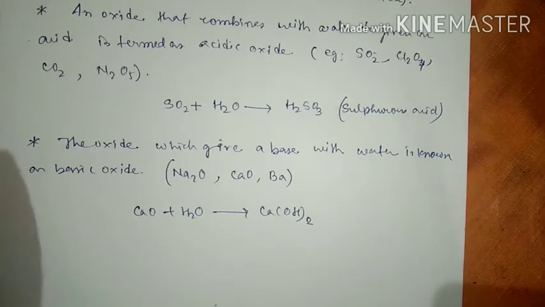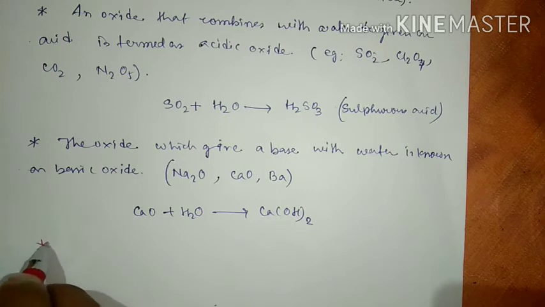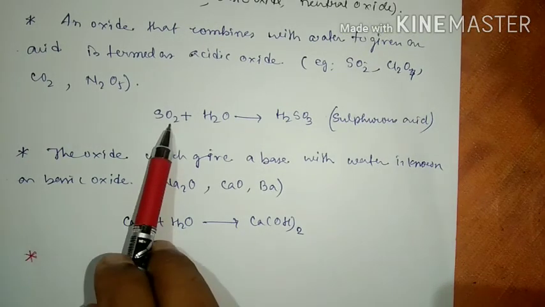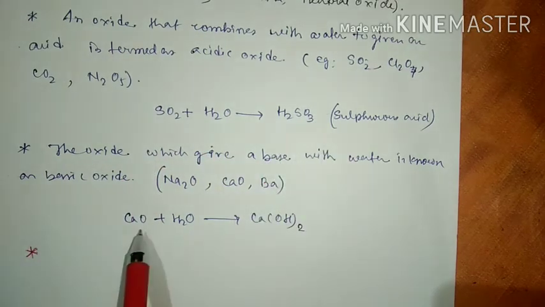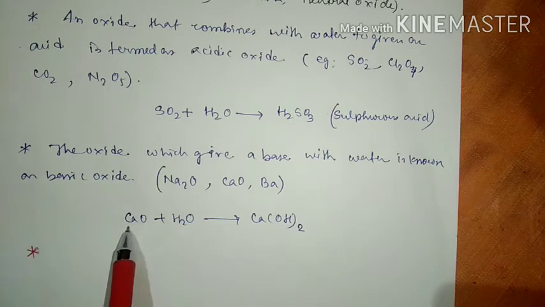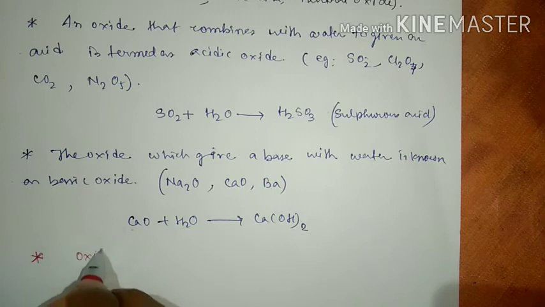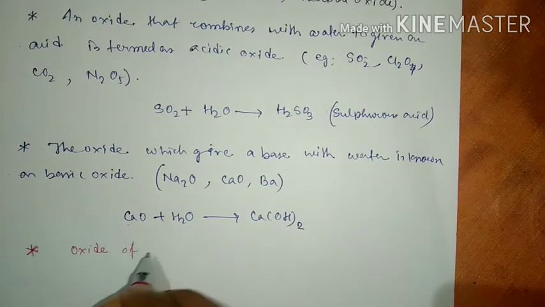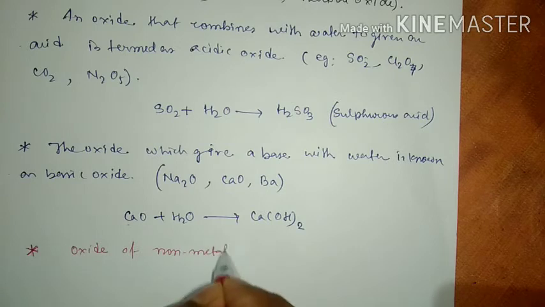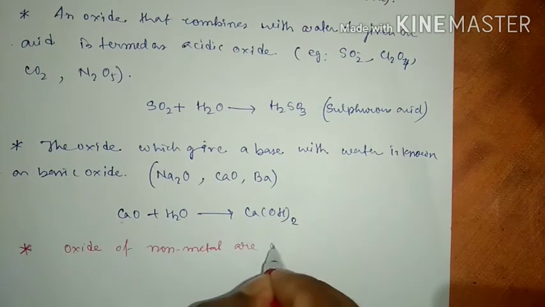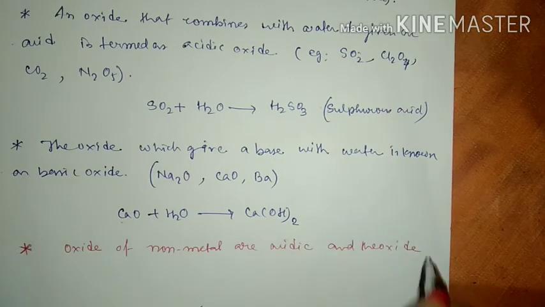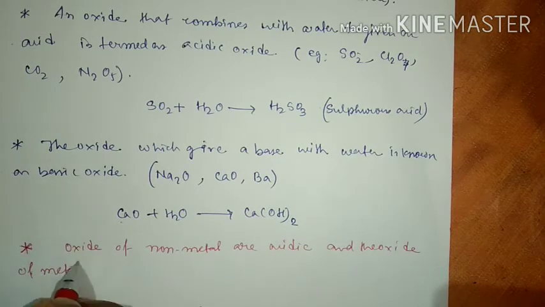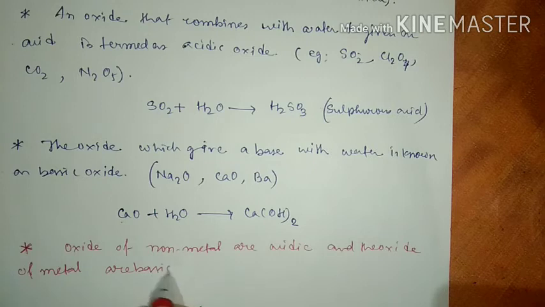We can conclude that the oxide which is made with a non-metal forms an acid, and the oxide which is made with a metal forms a base. Oxides of non-metals are acidic, and oxides of metals are basic. This is the conclusion from these two topics.